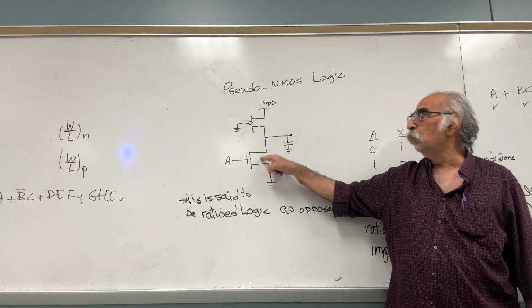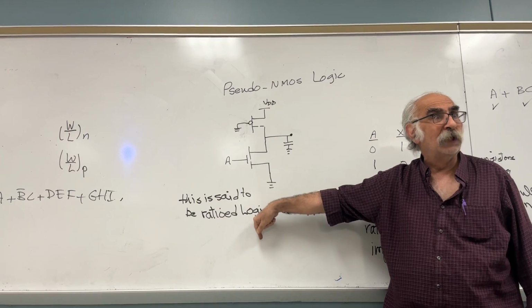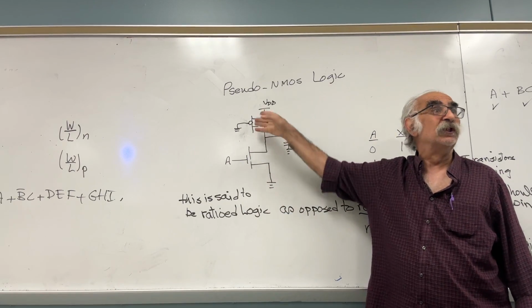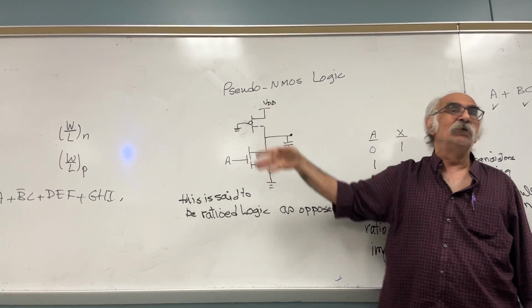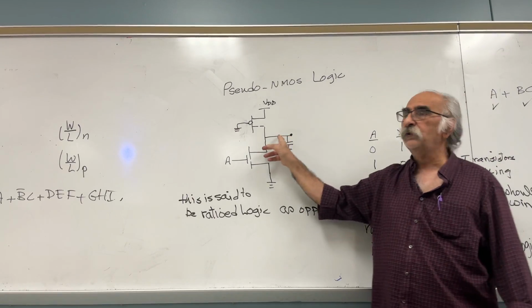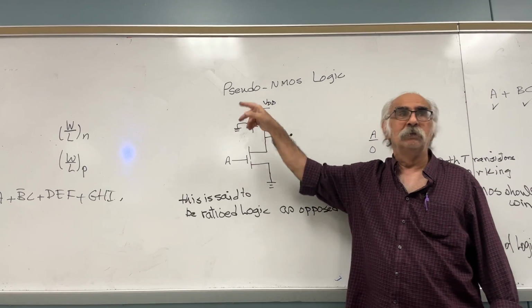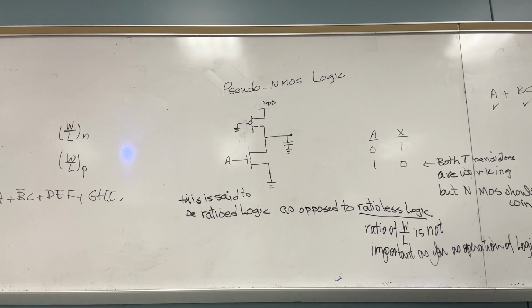This one is trying to pull this one down. Is this one working? This one is always working. You follow me or not? What is it trying to do? Pull it up. Clear? Who should win? The NMOS should win. Did you follow me or not? Yes or no? The NMOS should win.